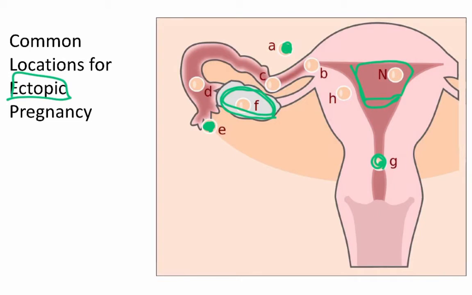You can have implantation that occurs in the tube or just as the fallopian tube enters the uterus, and all of those pregnancies are going to be non-viable. I guess H here must be implantation on the outside of the uterus.